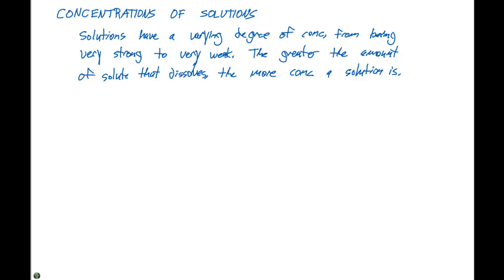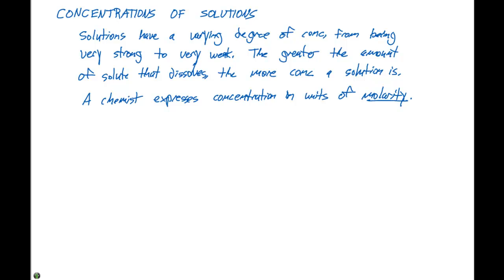So we need to now come up with a unit that's going to allow us to express how concentrated or how weak a particular solution is. And a chemist expresses concentration in units of molarity.